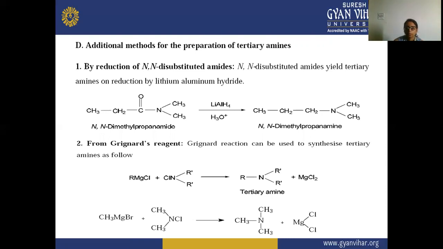Here you can see this is the propanamide, and the carbonyl group is converted to the CH2 group. So the reduction is happening here, and a tertiary amine is formed from the amides.